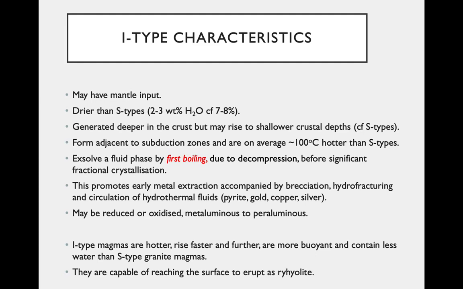So moly is highly incompatible, but the lower water contents restrict fluid saturation to very late stages, and copper will deport into things like biotite, but it hasn't done so related to the fractional crystallization.